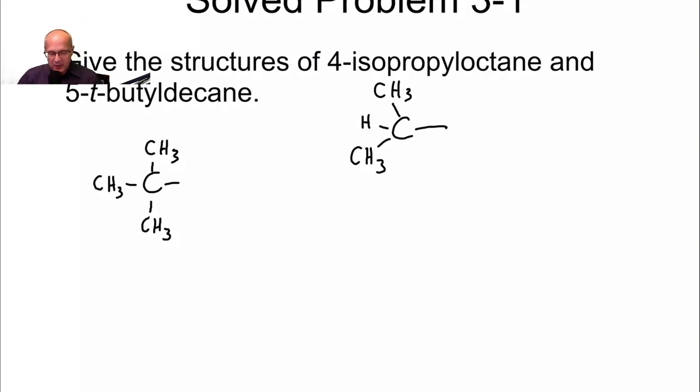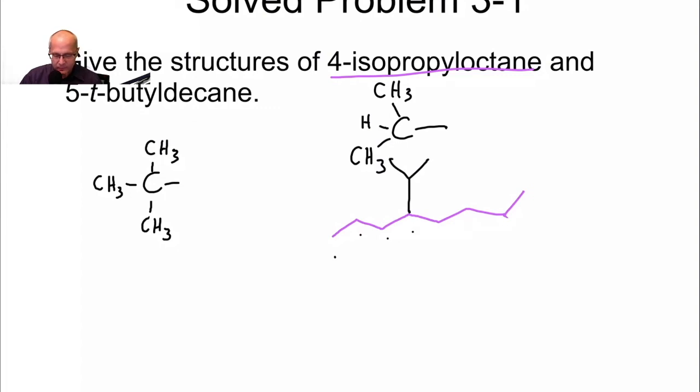All right. You're back. I'm sure you all got it right. Let's do the first one. This one here. So it's an octane. So let's just draw 8 carbons in a chain. And there's 8. And on carbon 4, 1, 2, 3, 4, there is an isopropyl.